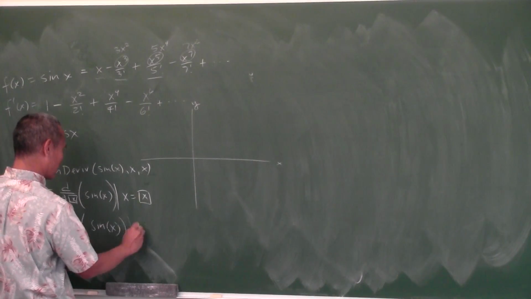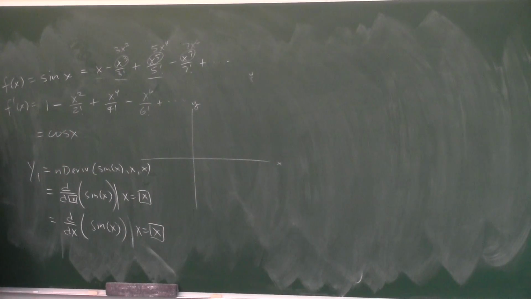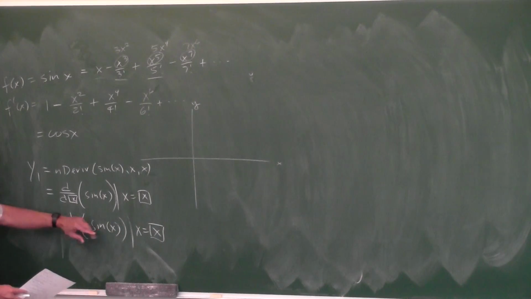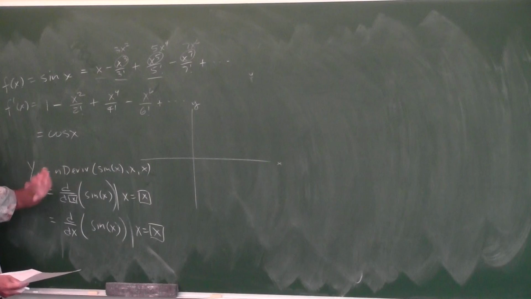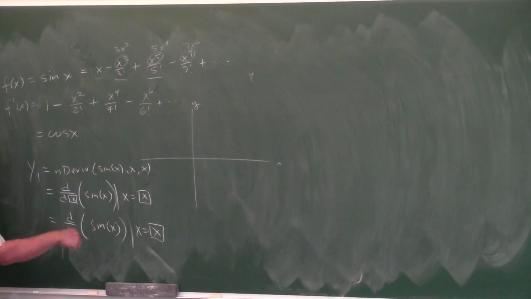How does it look on the Casio? x equals x. If you're with a Casio, you actually have to go to the graph mode, and then press options to get this derivative thing here. And hopefully you're in radian mode.